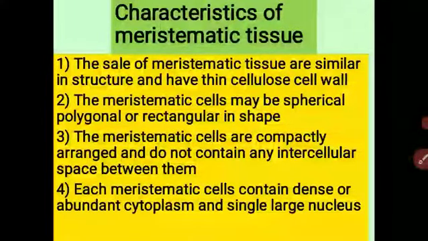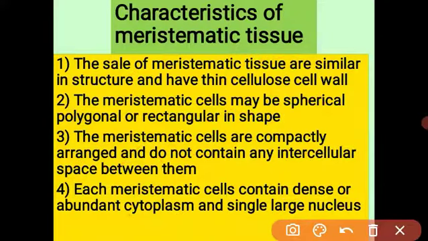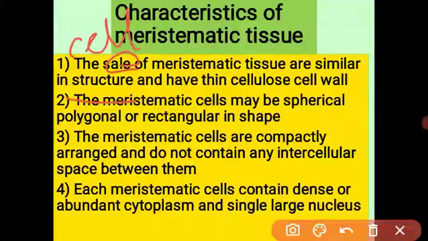First, we see the characteristics of meristematic tissue. The cells of the meristematic tissue are similar in structure. There is a cell, cell, cell. They have a thin cell wall. You know, in the cell lesson we learned the difference between cell wall and cell membrane. Okay.